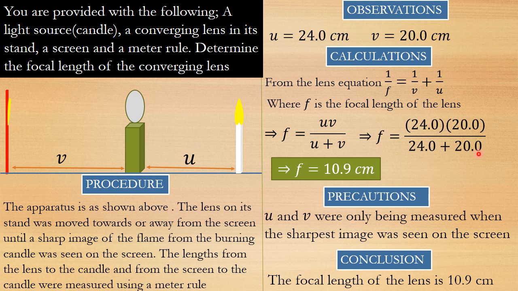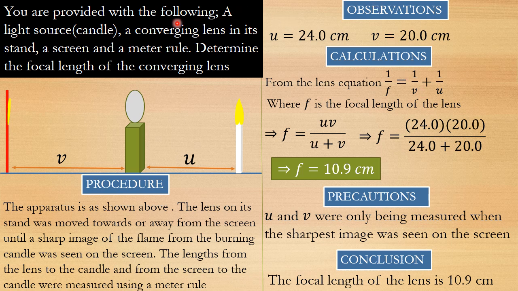Friends, an important note I want you to take: under normal circumstances, the focal length of a converging lens is positive. That for a concave lens or a diverging lens is negative. A converging lens is also called a convex lens.